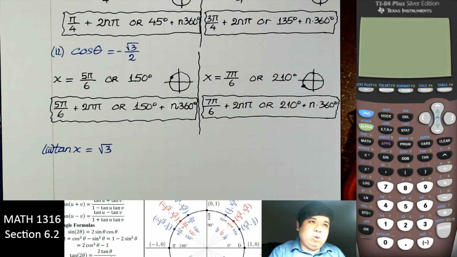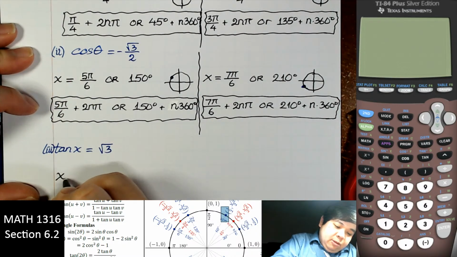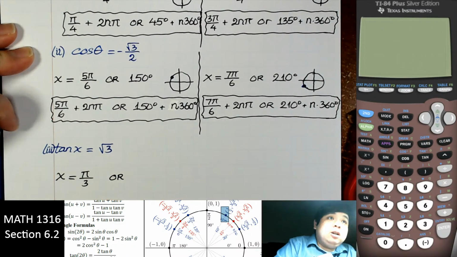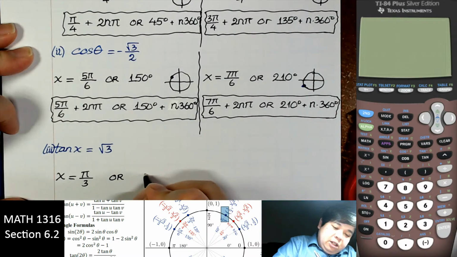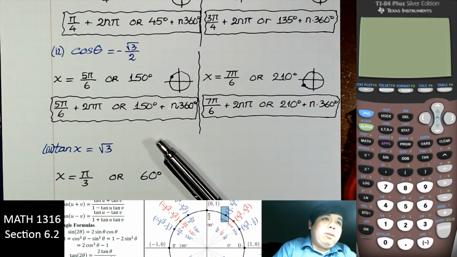So we're going to have this point here. This point there, which is pi over 3, or 60 degrees. Right, so that is one point.